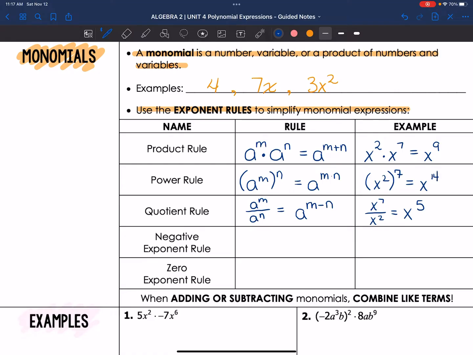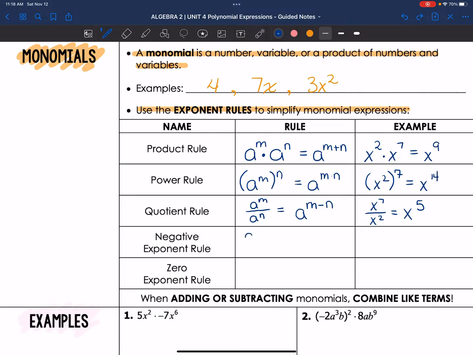Now the negative exponent rule, we're going to use a whole lot all throughout this unit, but on through your studies in mathematics, because we never want to leave a negative exponent in our answers. It is not like mathematically proper grammar. So if you have a negative exponent, it may be rewritten. Let me back up just a little bit.